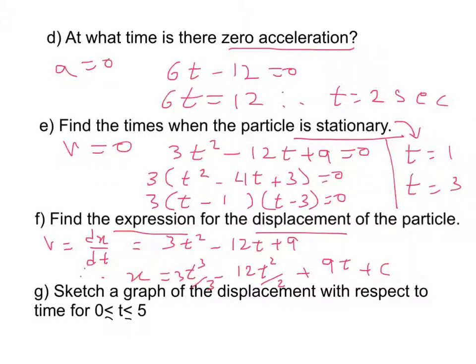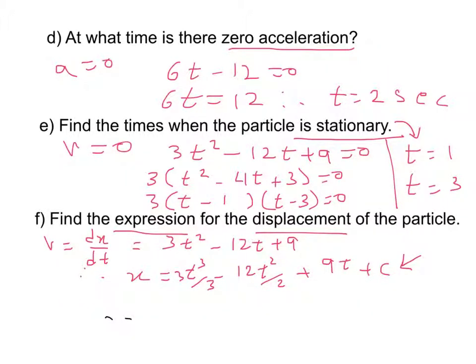Now we're after finding c. Since the movement starts from the origin O, we have x equal to 0 initially when t equals 0.